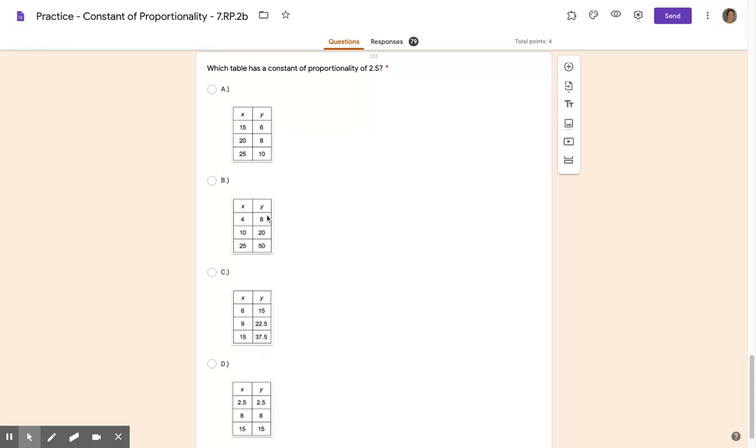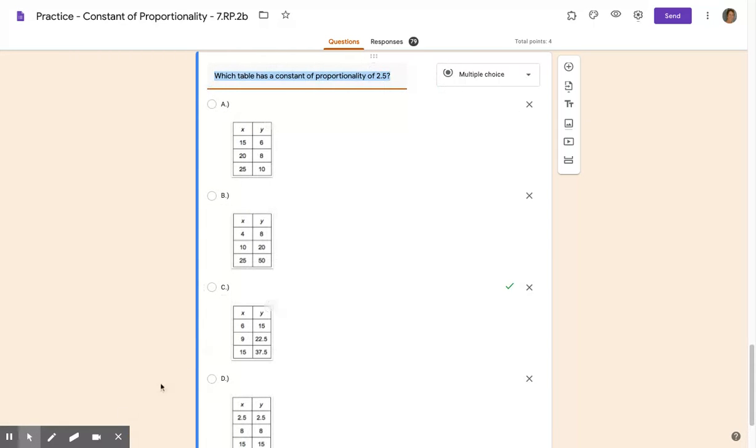So you have to go through each one of these tables and find the constant of proportionality, which remember is always the y divided by the x. So if we look at this table entry here, in this one, the y is 6, and the x is 15, so 6 over 15.